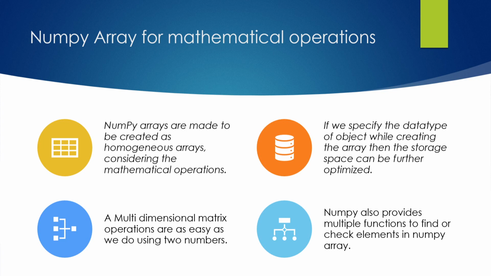But if you specify while creating a NumPy array that you are going to store integers only from 0 to 255, then NumPy will understand that this person is trying to store a value from 0 to 255, which will not take more than 1 byte to store, and hence NumPy will not allocate 8 bytes to every integer, but will only allocate 1 byte to every integer. So guys, this is how NumPy saves a lot of memory space as well.